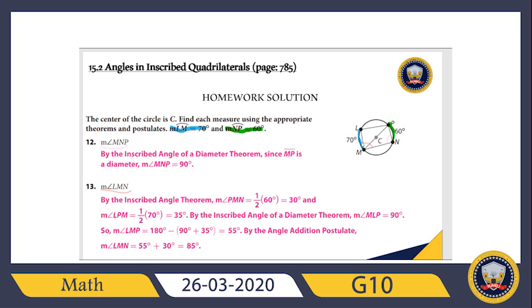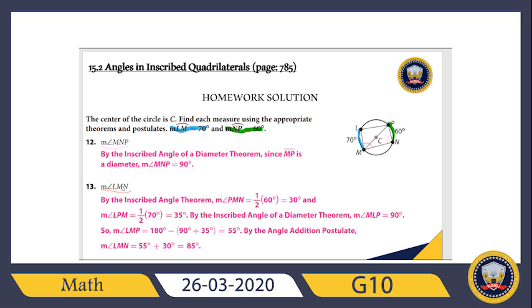It is half of the intercepted arc, so 70 divided by 2, which is 35. So this is 35, this is 90, and the total with this is 180. So this is 180 minus 90 minus 35, which is 55. So the angle LMP is 55.